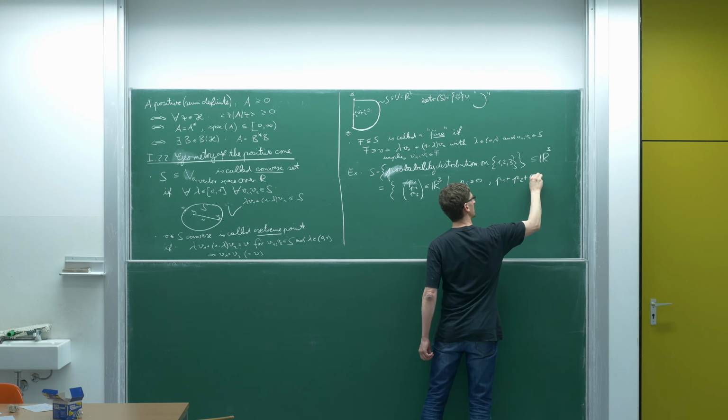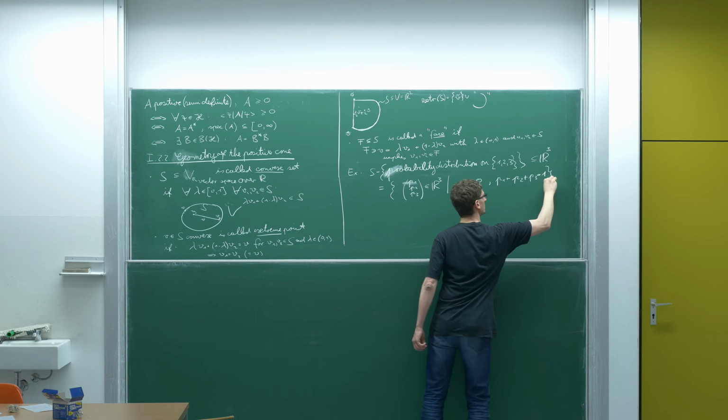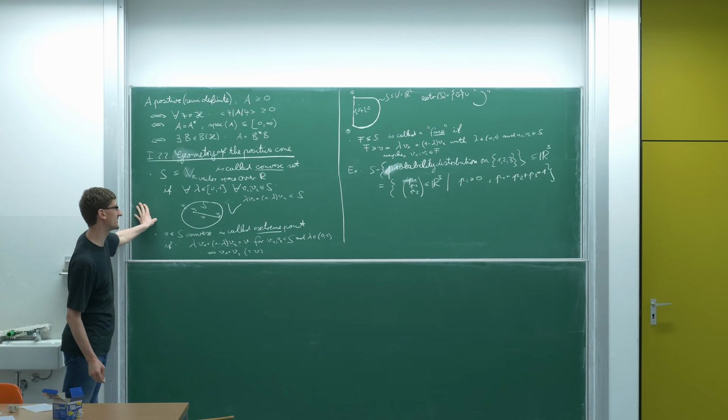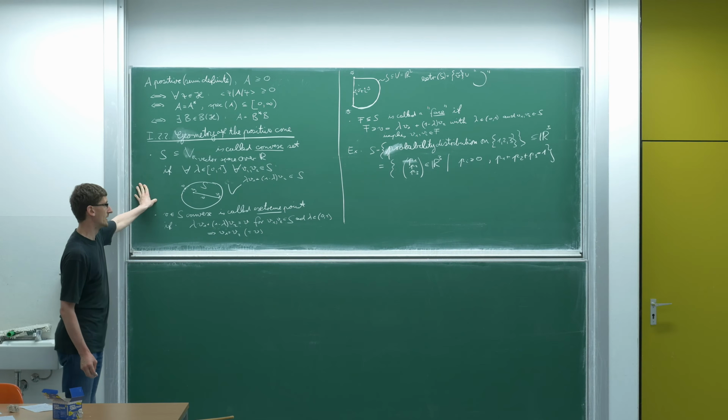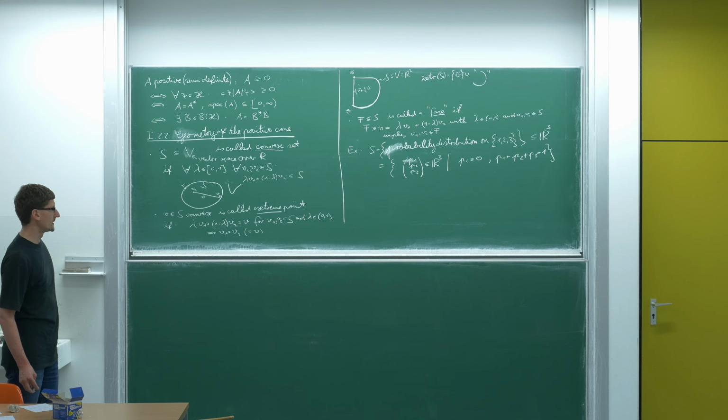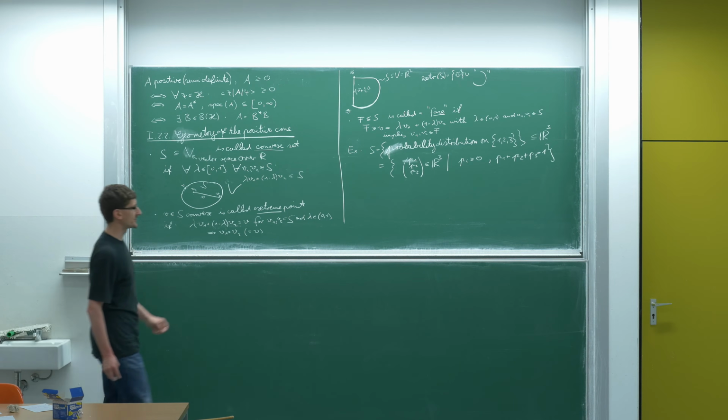P1 plus P2 plus P3 is equal to 1. So this is the set of probability distributions on 3 items. And so this is a convex set.